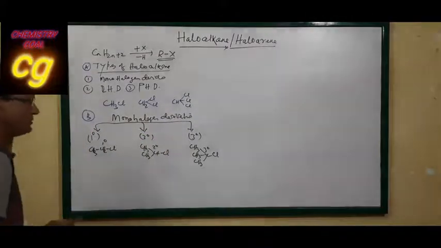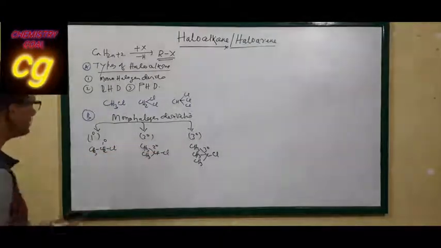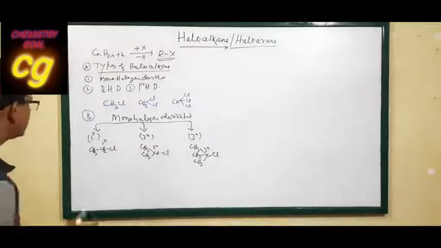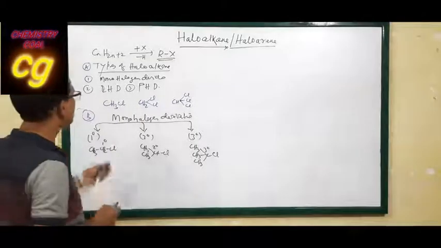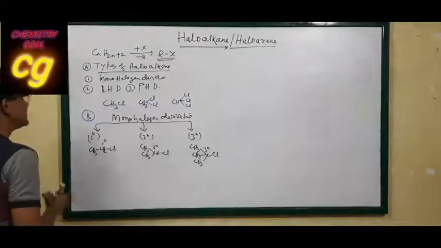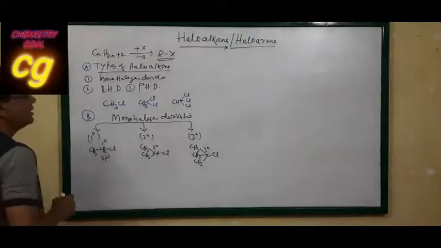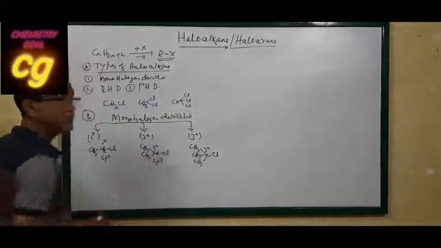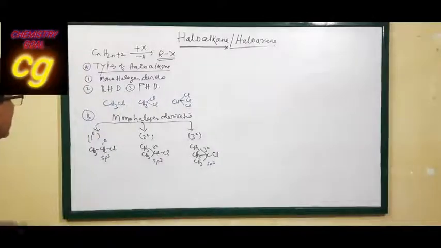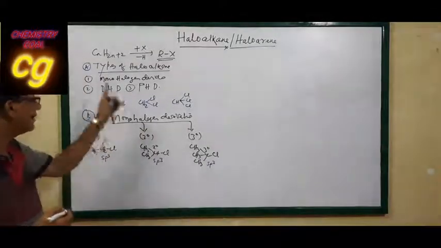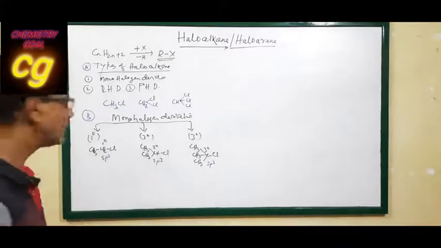Then if you see the hybridization of all the monohalogen, dihalogen, trihalogen derivatives in this type, the hybridization is sp3. Here also it is sp3, here also it is sp3. This is the main important thing, that monohalogen derivatives of a particular alkane all have sp3 hybridized carbon.